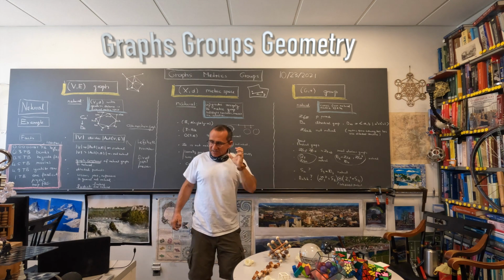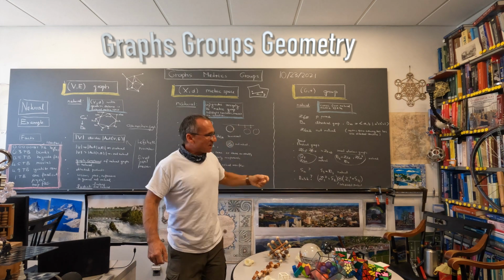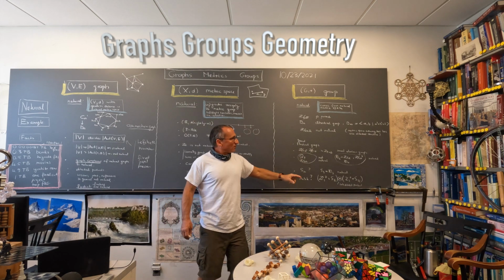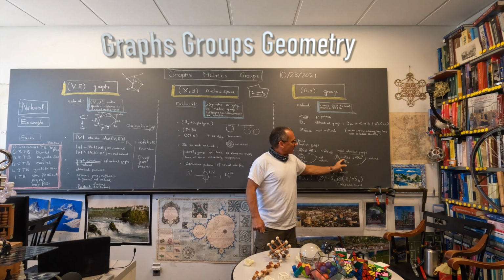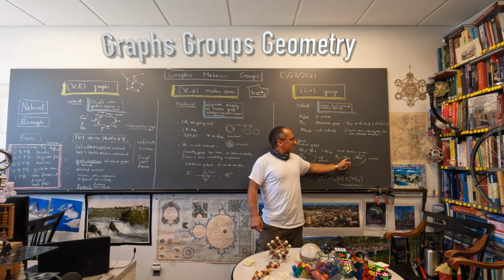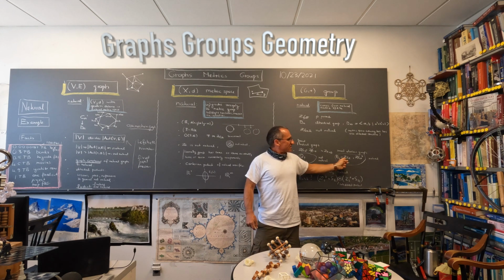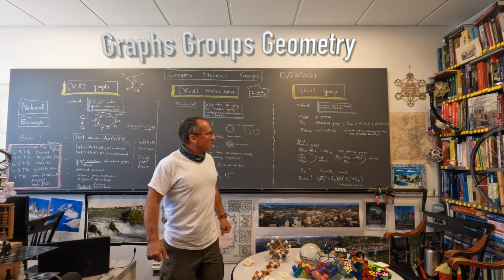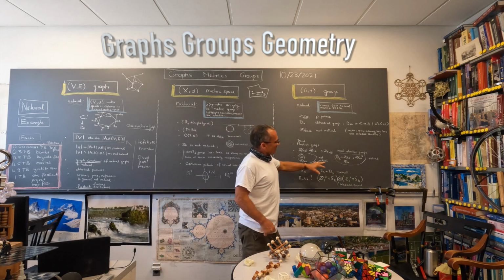So with all this freedom, you still have also this group here, D2 cross Z2. You still have also this group structure available.